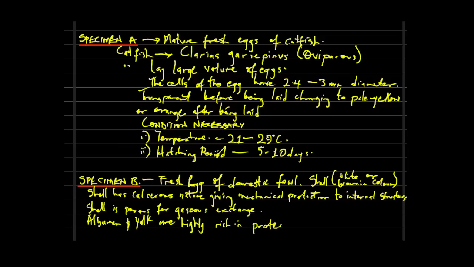So these are a few of the characteristics that we'll be talking about for the egg. Also, that the gestation period is 21 days. The egg hatches in 21 days. So those are the properties or the characteristics of the domestic fowl.